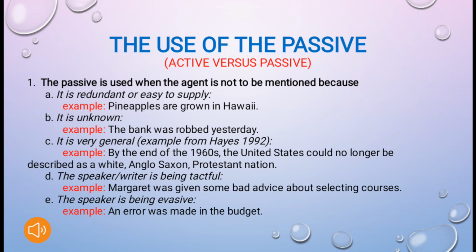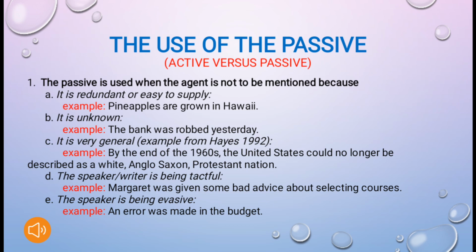Okay, so the second one, the passive is used when the agent is not to be mentioned because it is unknown. Why is it unknown? It is because of the example below. The bank was robbed yesterday. Since the bank there is not identified as certain, we cannot be certain about what particular bank it is, right?